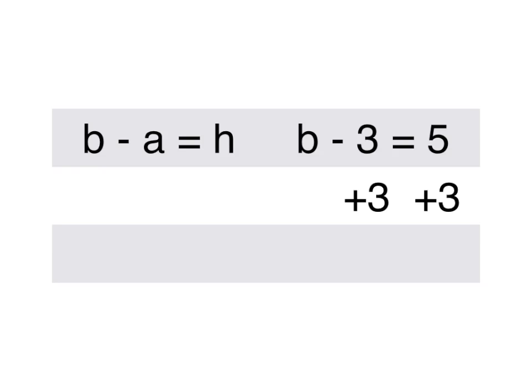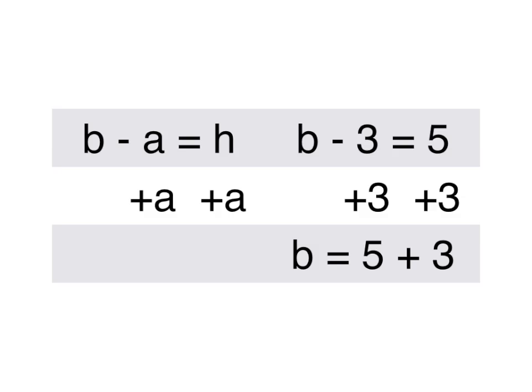So just like we did there, we add a to both sides to get rid of the a, because we want to get the b all alone, get everything else away from it. And what would we have gotten when we added the 3? Well, 5 plus 3. b is 5 plus 3. It's 8. 8 minus 3 is 5. So just like that, following that pattern, we get h plus a. b equals h plus a.